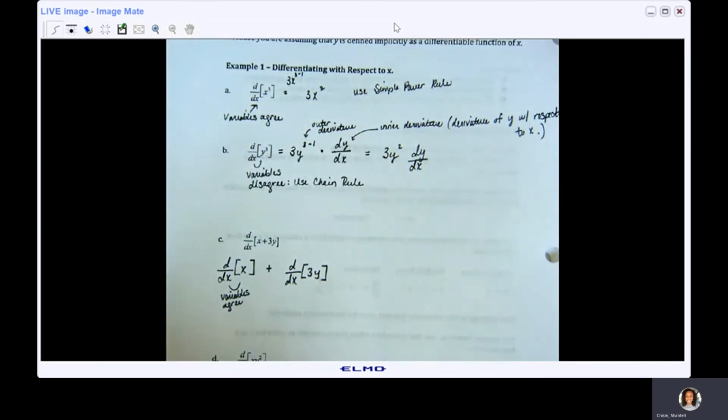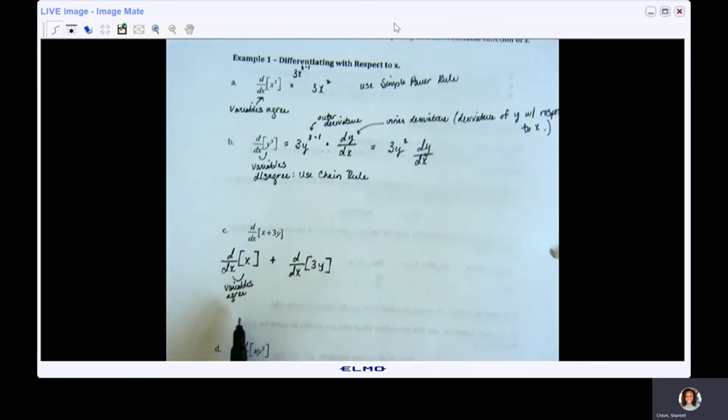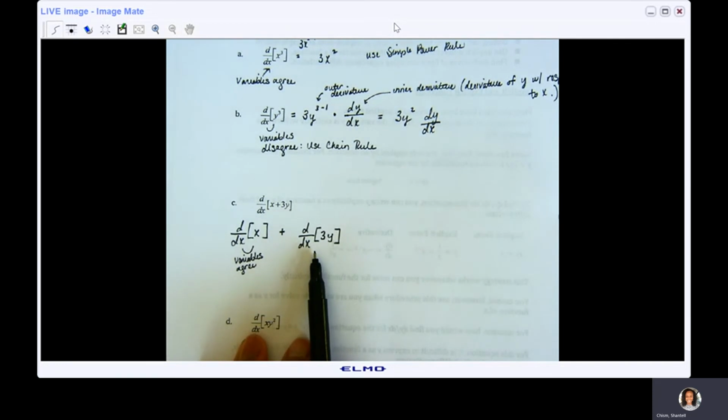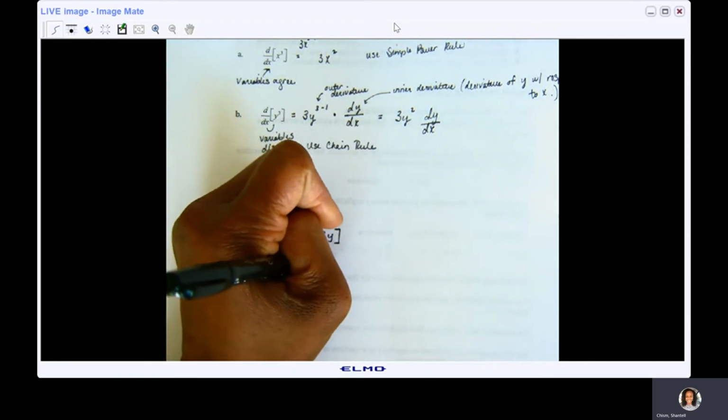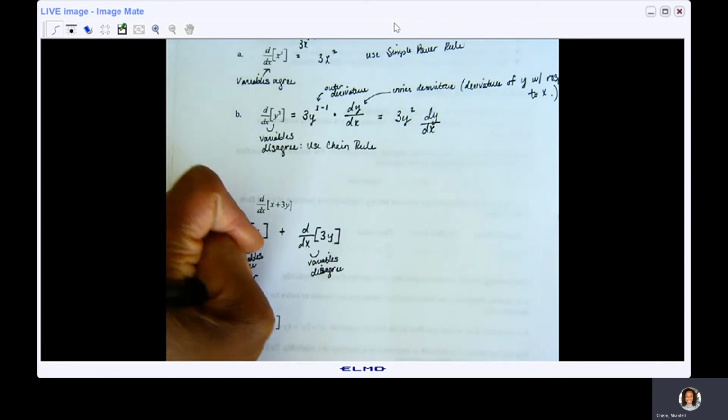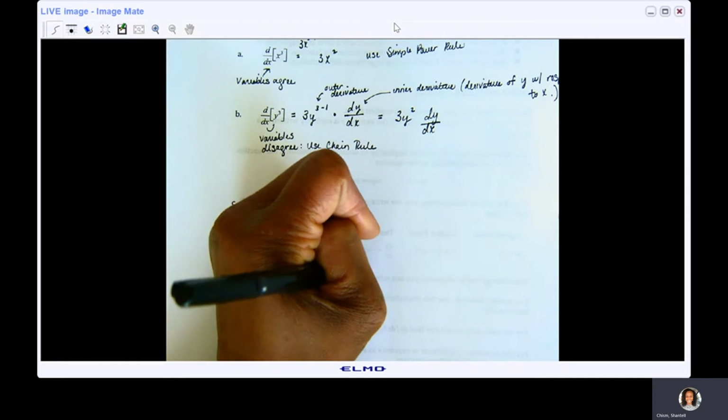So we just apply the basic power rule derivative. Derivative of x is just 1. Here, variables disagree. You apply chain rule. So variables agree, that's the power rule. Variables disagree, chain rule.